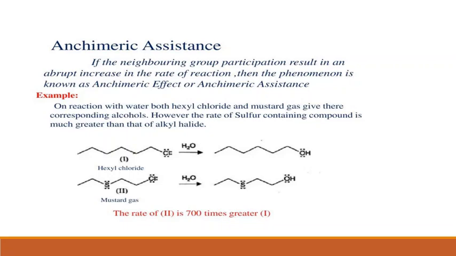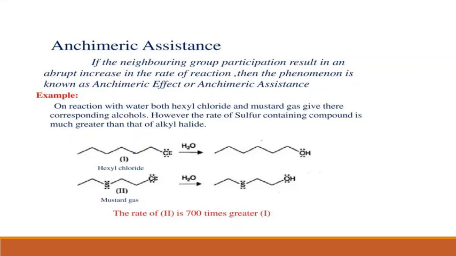One of the examples, here I am showing two examples. On the reaction with water, both hexyl chloride and mustard gas. You note the structure of hexyl chloride and mustard gas.